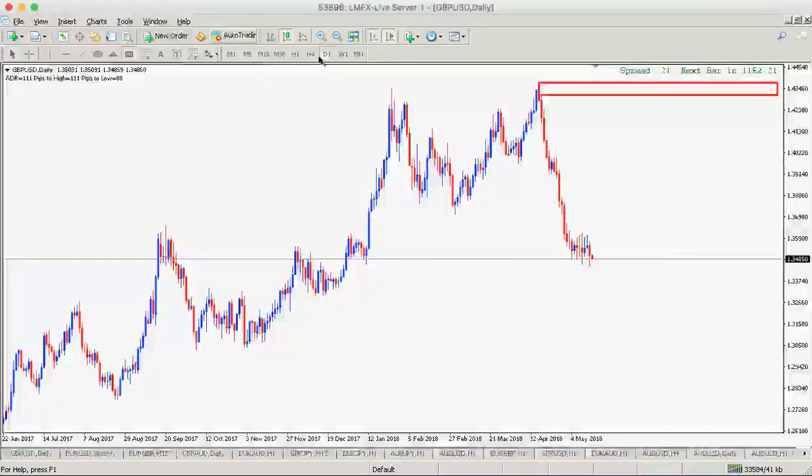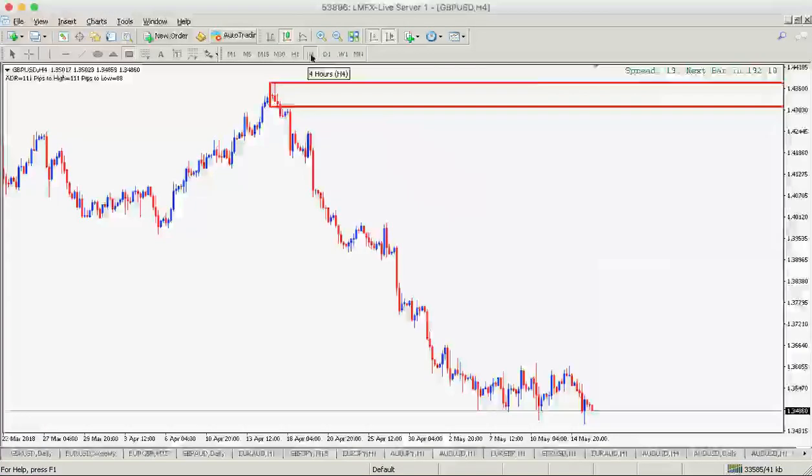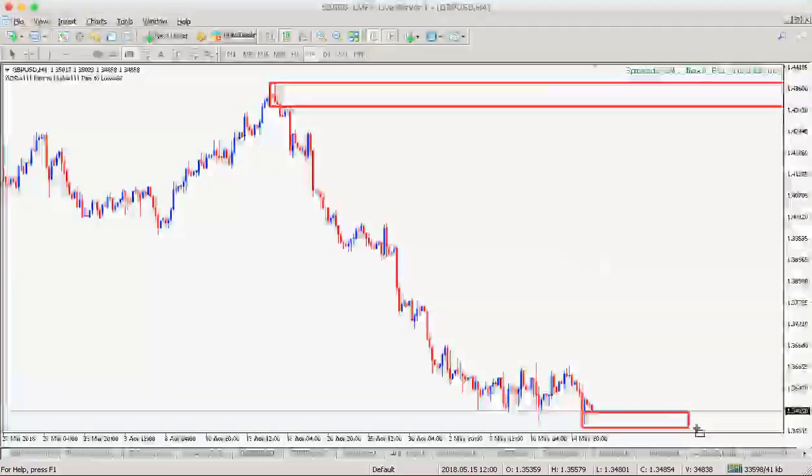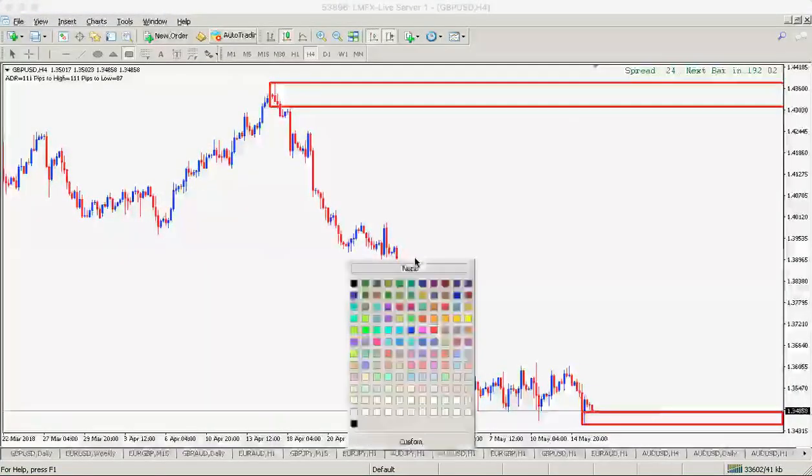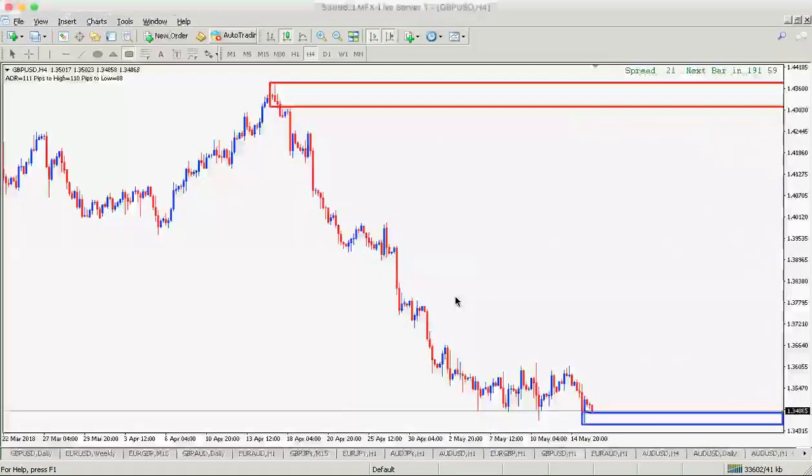Oops, actually, I didn't mean to do this. I'm going to do it from this time frame. I'm just trying to help you all set up for London. It's already on there. Make that blue. Now, within this, like I said before, these are your two major supply and demand zones.